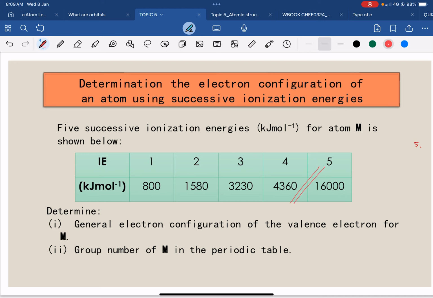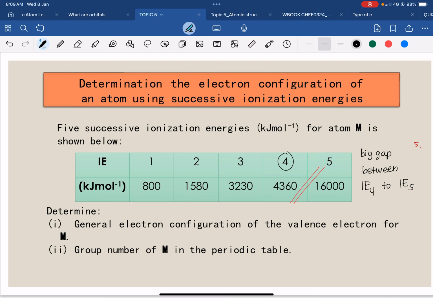Okay, so untuk kita yang baru belajar, kita akan tulis so big gap between IE, ionization energy yang keempat, to ionization energy yang kelima.